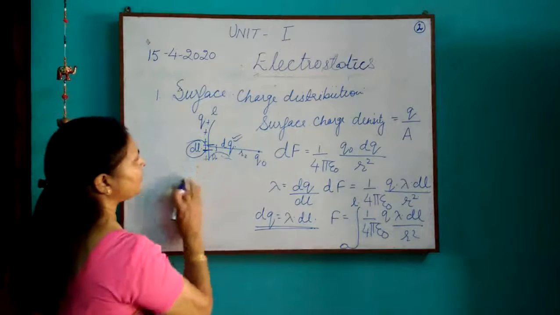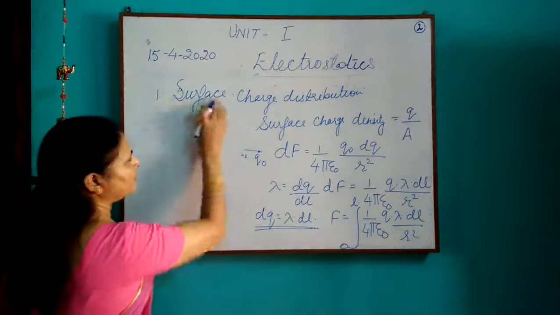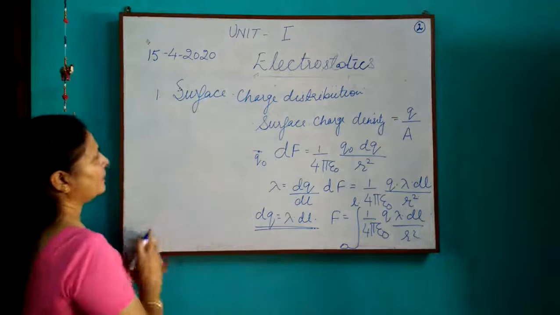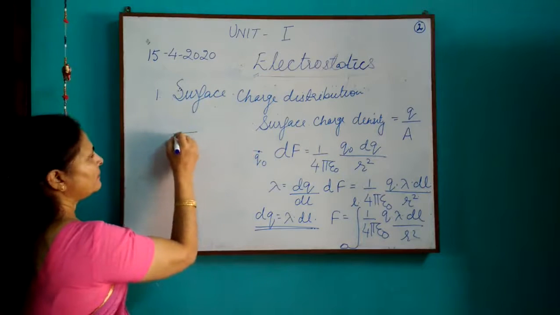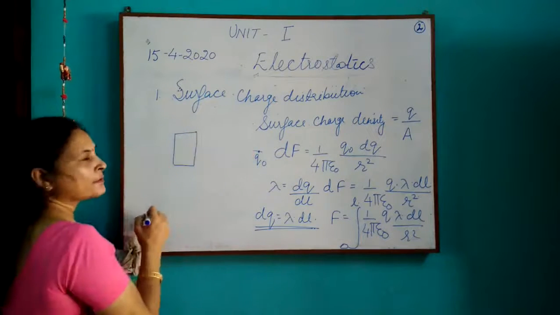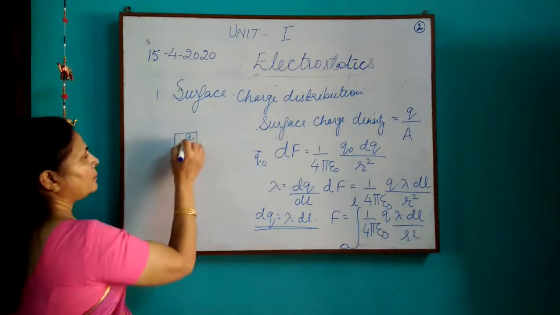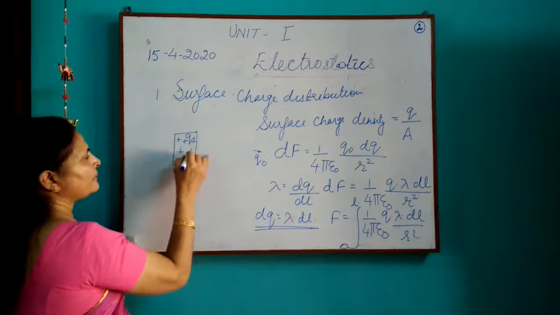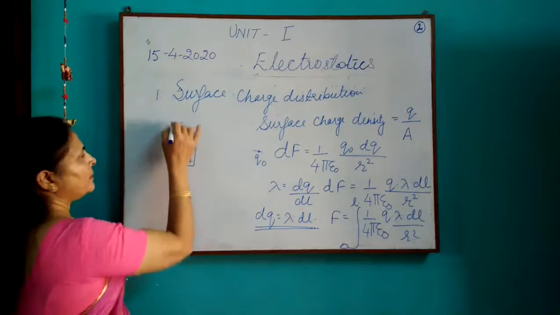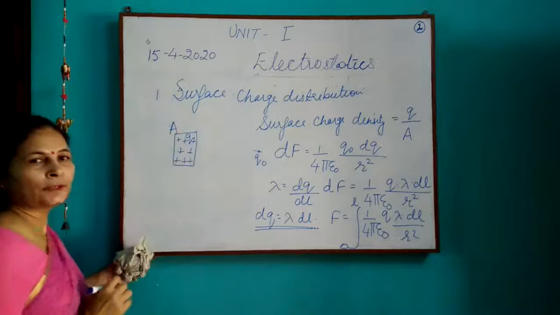What we do is exactly the same manner. Let there be a surface with charge, say, Q over a given surface, and say area as A.